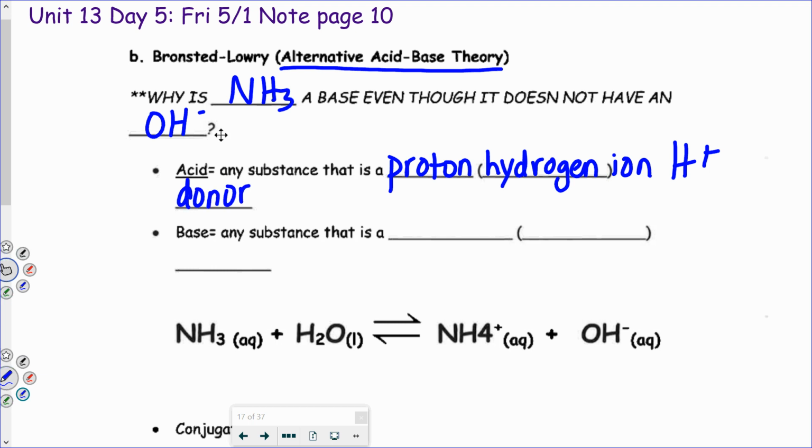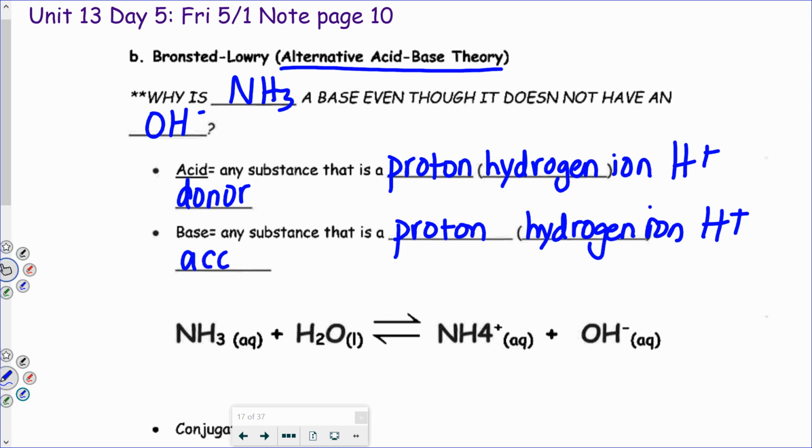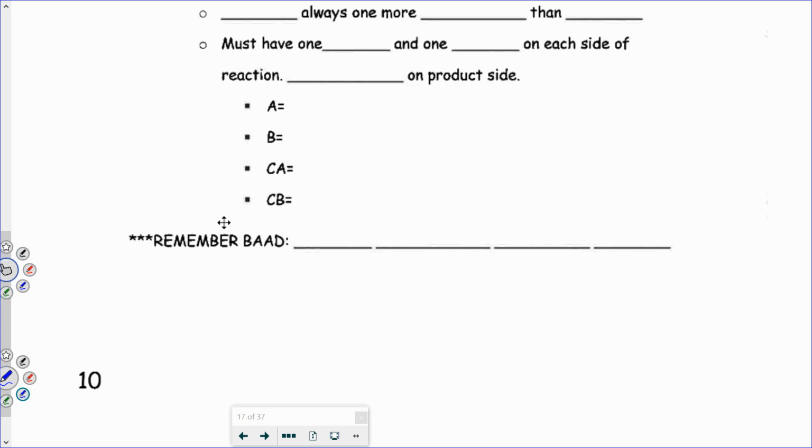And it defines a base as any substance that is a proton, or hydrogen ion, H+, acceptor. So we're not actually dealing with hydroxide anymore when we're talking about a base. We're just dealing with H pluses in this definition. So an acid is a substance that is a proton donor, and a base is a substance that is a proton acceptor.